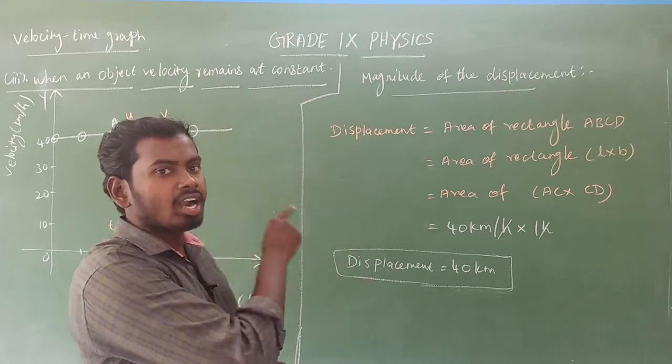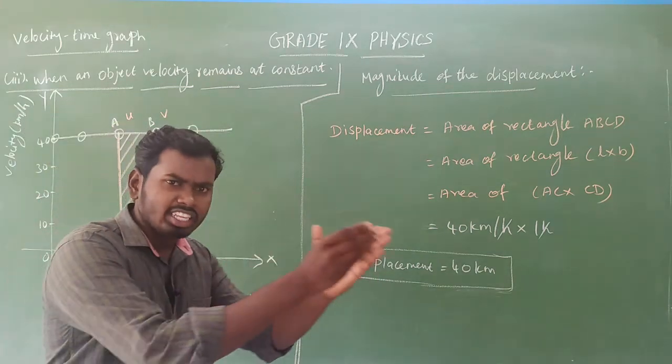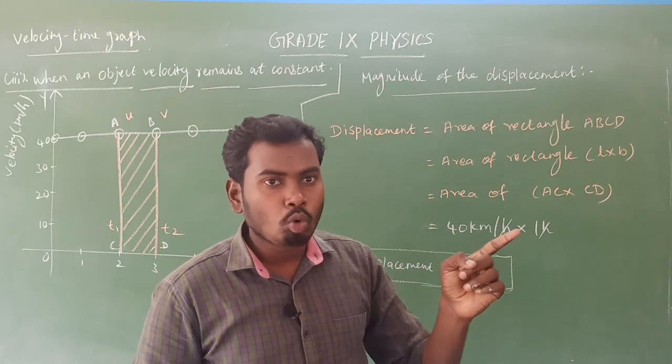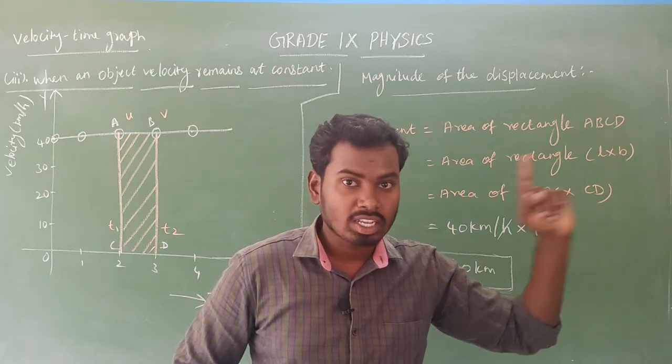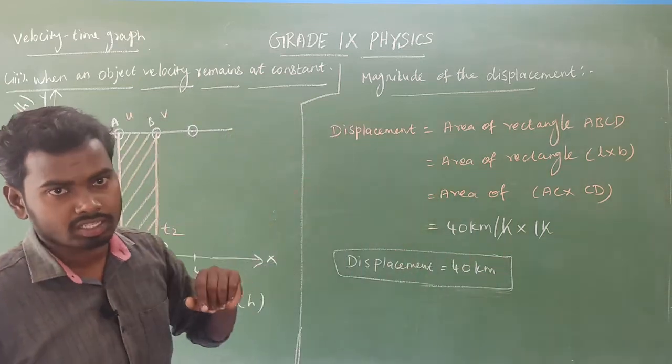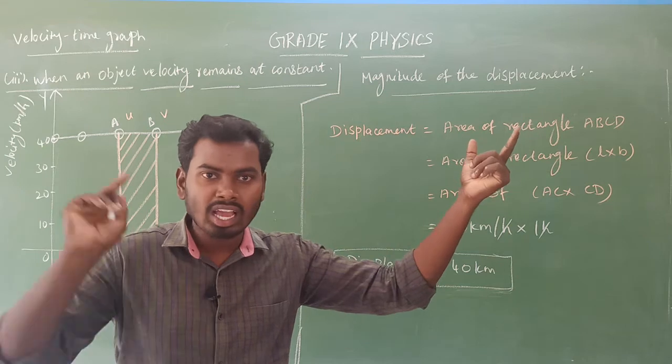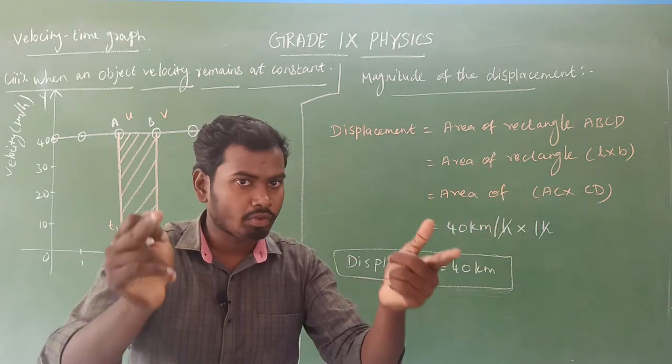But in constant velocity, whatever the time, the object still moves with the same velocity. So there are some dissimilarities between uniform velocity and constant velocity. Okay, don't get confused.